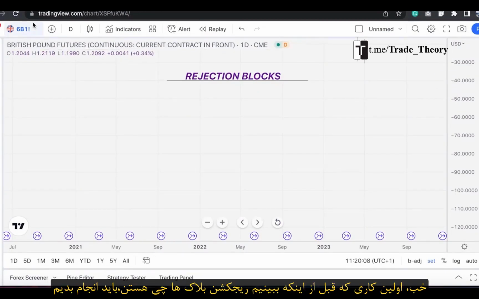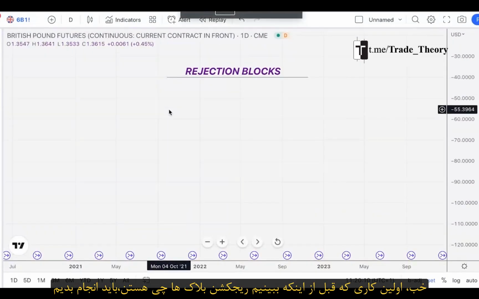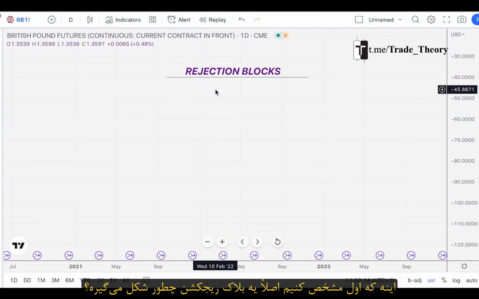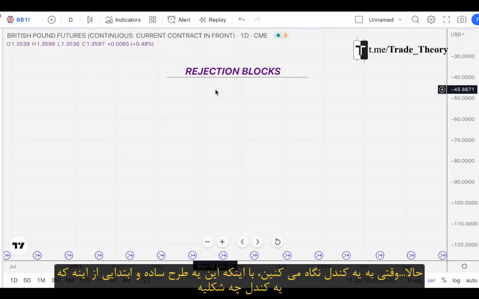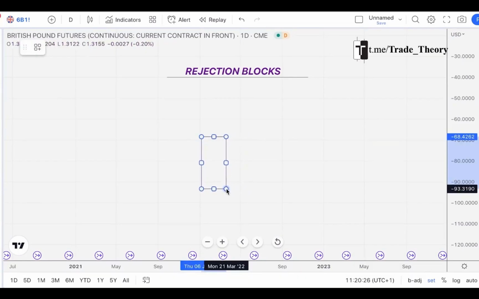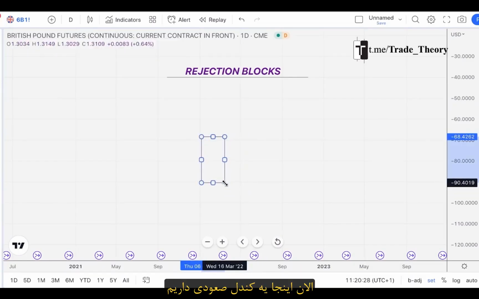Alright, so the first thing we need to do before we go into what rejection blocks are is define what constitutes one. Whenever you look at a candlestick, I'll do a very crude drawing of what a candlestick looks like. Let's assume this is a bullish candlestick.